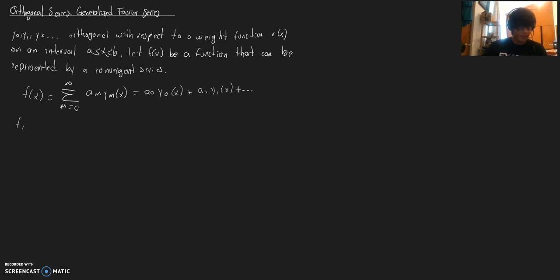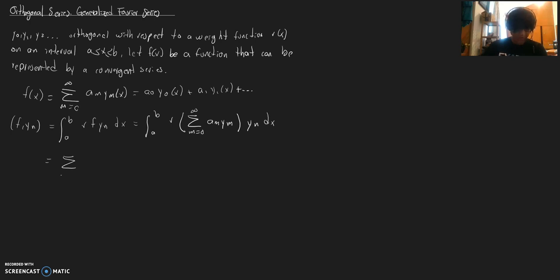Then we can have this next evaluation of the given integral from a to b of r multiplying by f and yn dx, as we have previously observed in this video. So this can also be represented as follows: r and the series that goes from m equals 0 to infinity of am ym multiplied by yn dx.